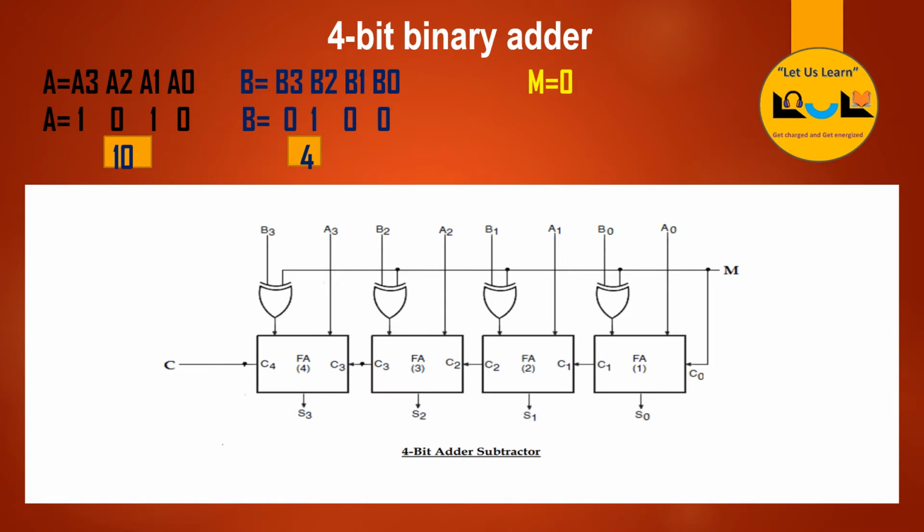A is equal to 1010. For this the decimal value is 10, and B is equal to 0100. The decimal value is 4. Here the places are given: B0, B1, B2, B3, A0, A1, A2, A3. For this binary adder, the M value is equal to 0, that is mode is equal to 0. M equal to 0 means carry in is also 0.